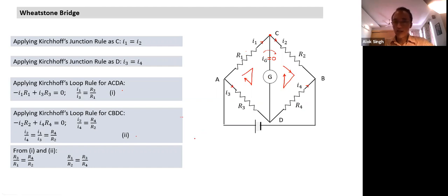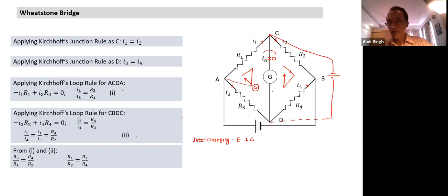Suppose the same resistances are given. If we interchange the position of the battery and galvanometer, will it still remain balanced or not? What does interchanging mean? Rather than this, I connect a battery like this and connect the galvanometer across the other diagonal. Will it still remain balanced, if it was balanced in the initial state?